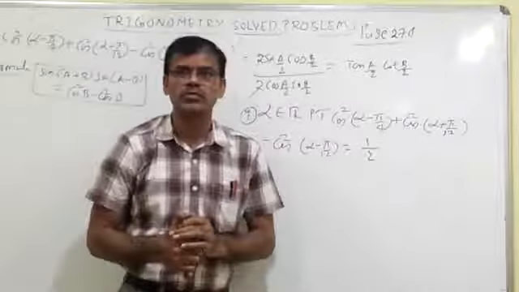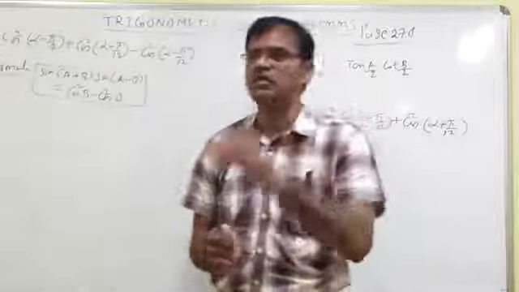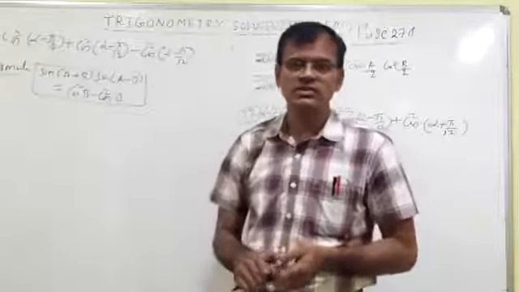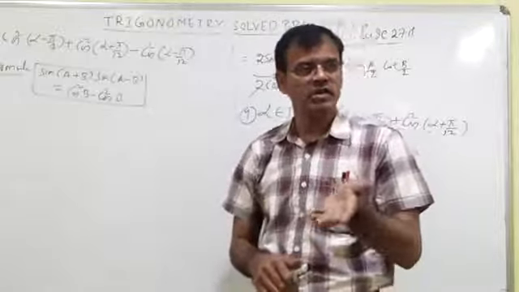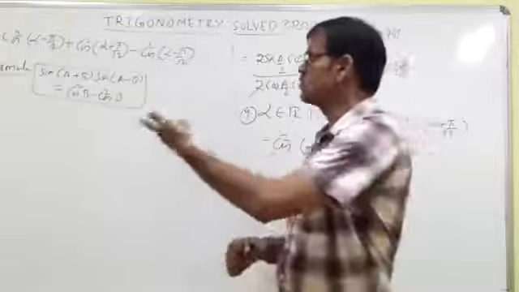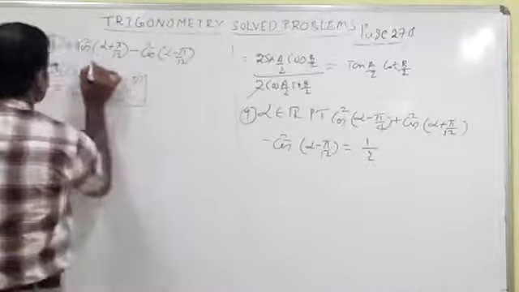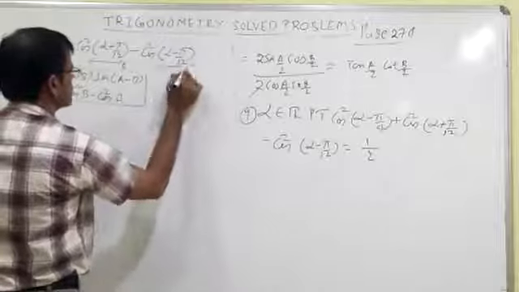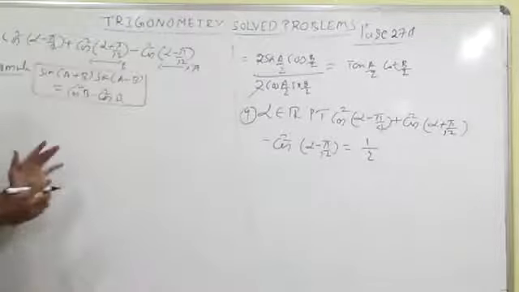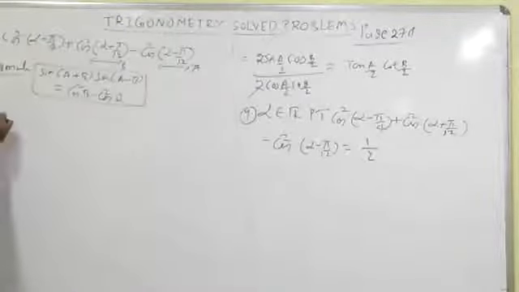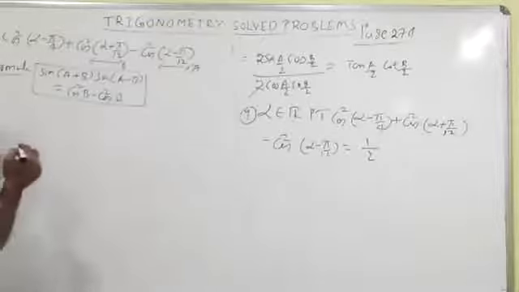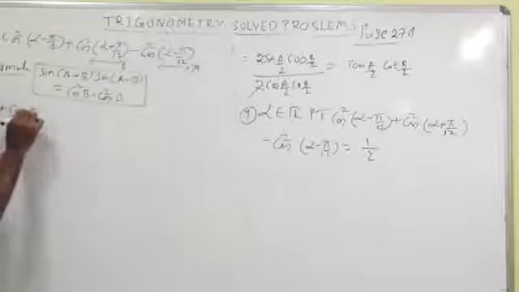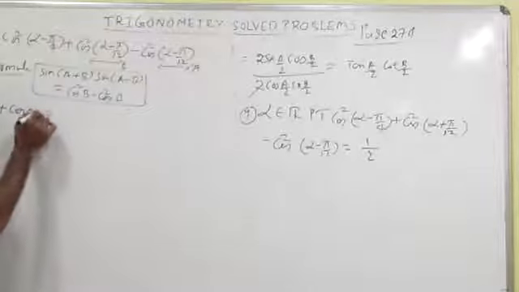We have learnt sin(A plus B) into sin(A minus B) formula is sin square A minus sin square B only. Of course, I had written there this one also. Sin square A minus sin square B can be understood as 1 minus cos square A minus of 1 minus cos square B, like cos square B minus cos square A. So, try to understand this term as B and this term as A. And once again, remember the formula 1 plus cos 2 theta.